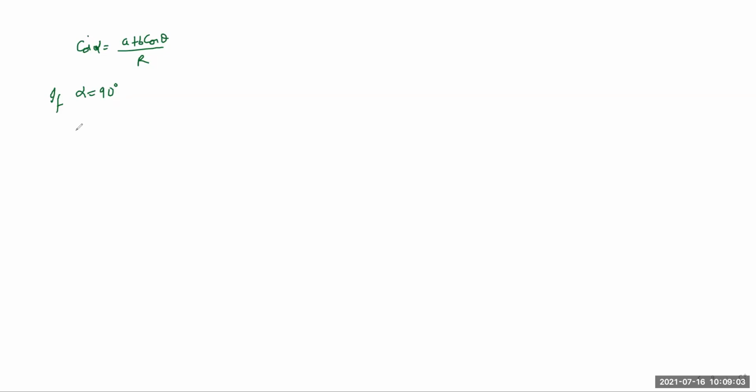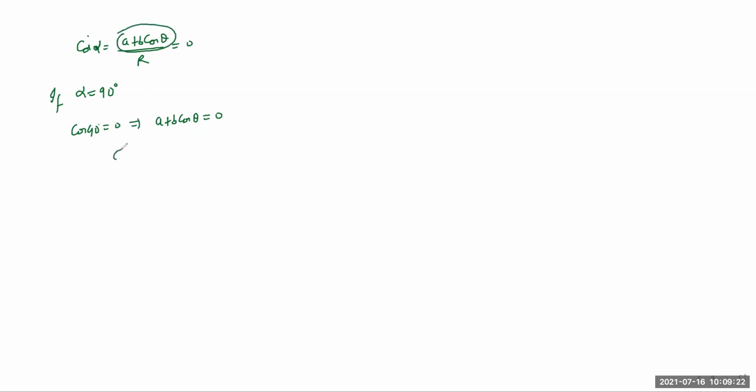So if alpha is 90 degrees, then cos 90 is 0. This implies the numerator of cos alpha must be 0, because for this to be 0, the only option is that the numerator must be 0.